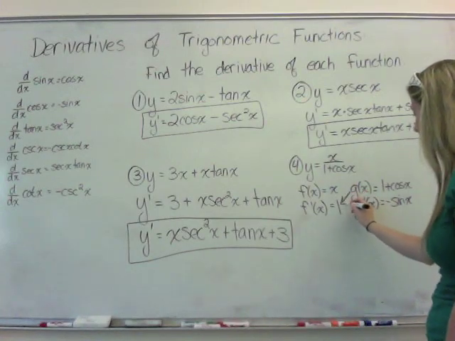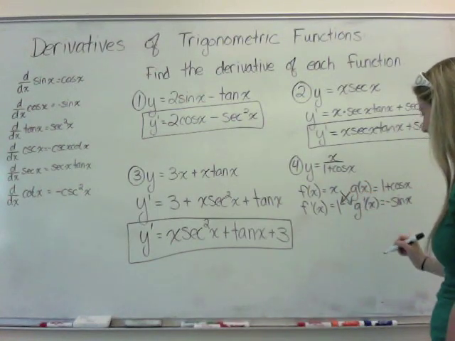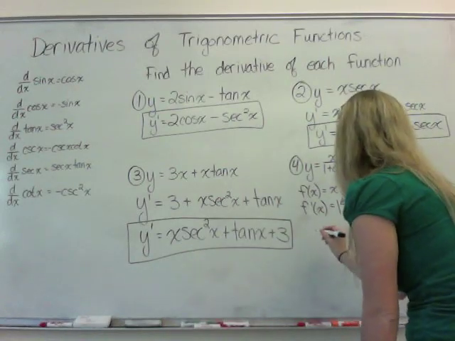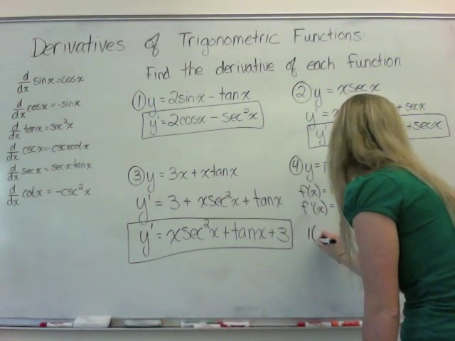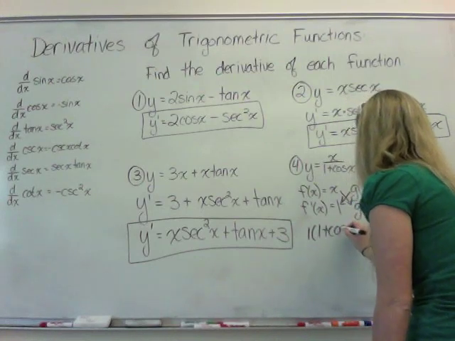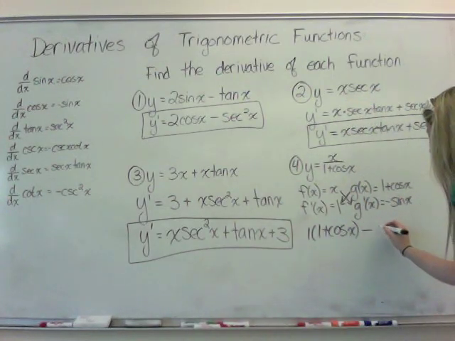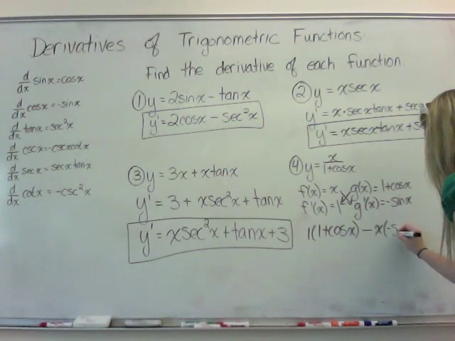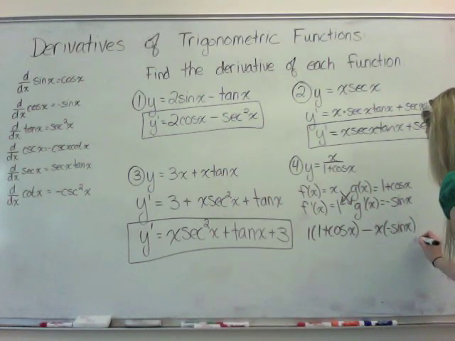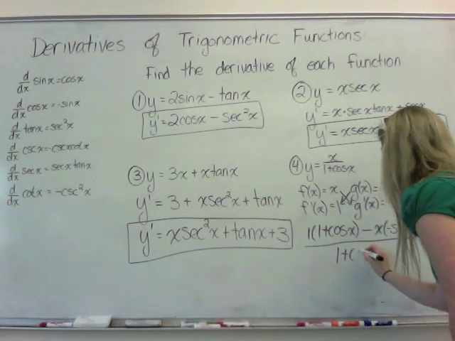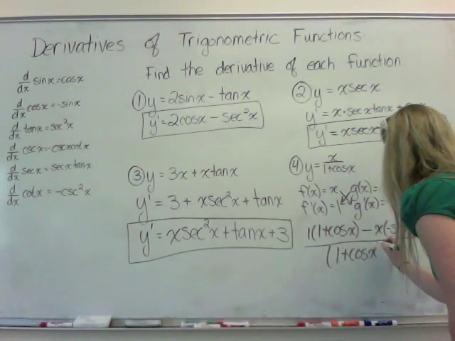Now remember, we talked about this times this minus this times this, over that squared. So in this case, it's going to be 1 times 1 plus the cosine of x, minus x times this, so minus x times negative sine x, over, and remember it's g of x squared, so 1 plus the cosine of x squared.